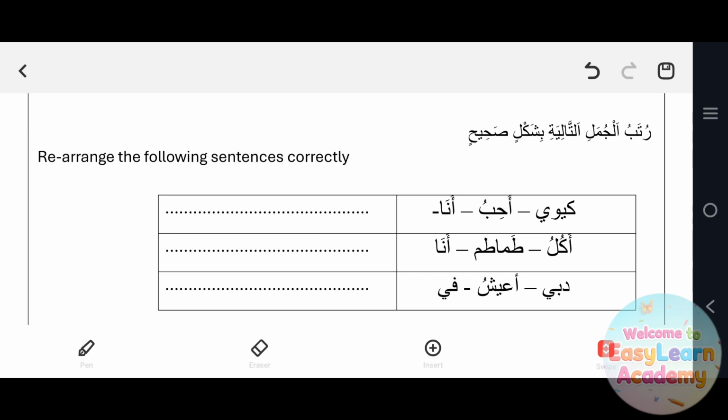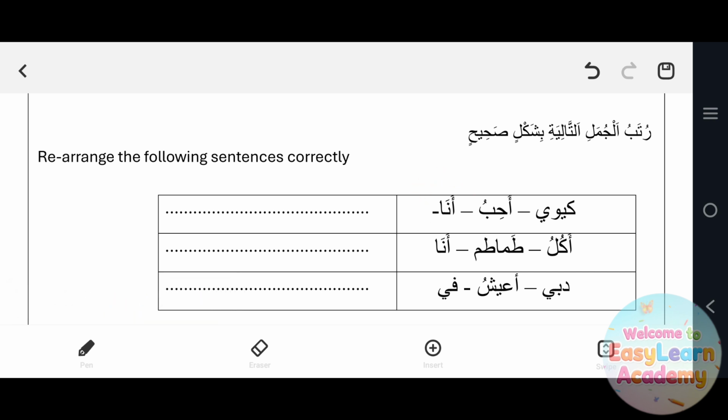We have to arrange them. The first word is kiwi, the second word is ohipu, the third word is ana. So I'm going to rearrange now.